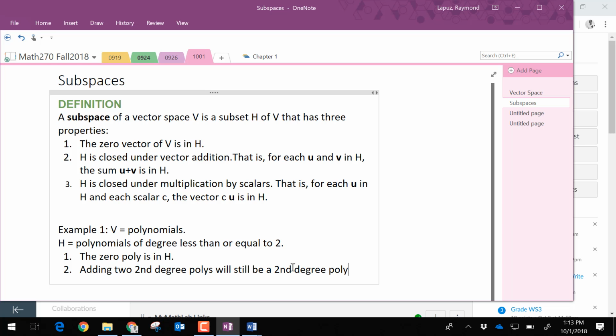am I going to get a second degree polynomial? When we add, we match the x powers, so it's still going to be a second degree polynomial.